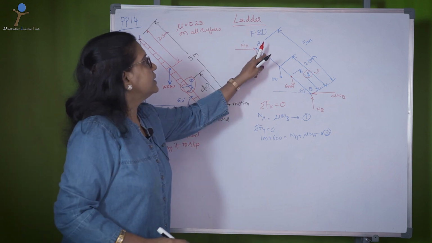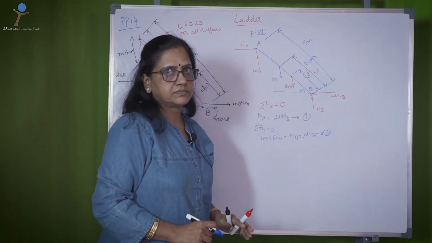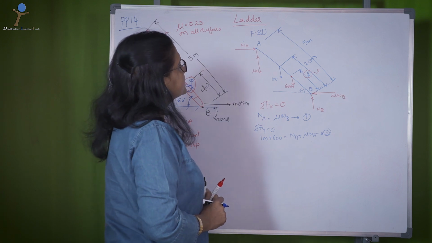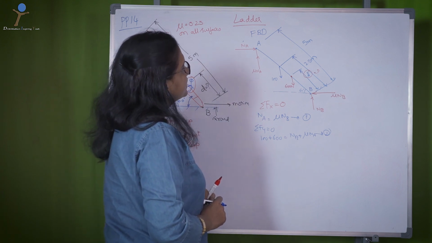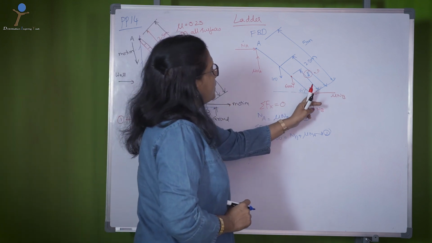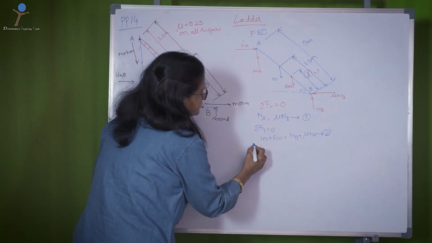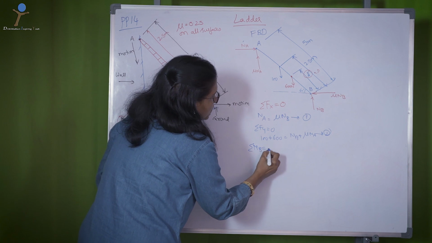The mu here as well as here are the same. Then you need to take the moment at B, that is sigma MB equal to 0.